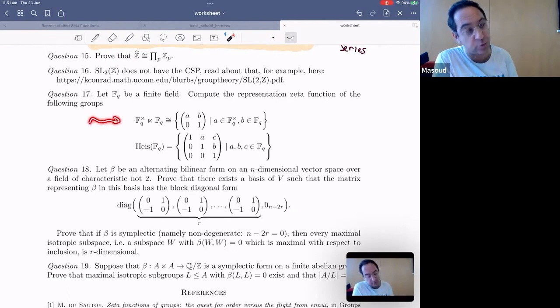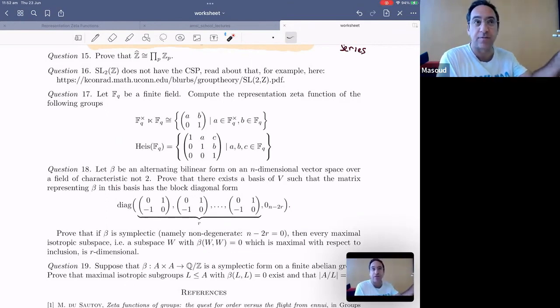This is a solvable group, which happens to be a semi-direct product, so that is an easier exercise. This is a unipotent group, the Heisenberg group. Can you write the zeta functions of this group? So compute all the irreducible representations of these groups and write down the zeta function.